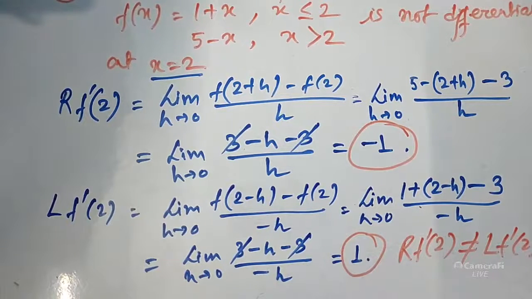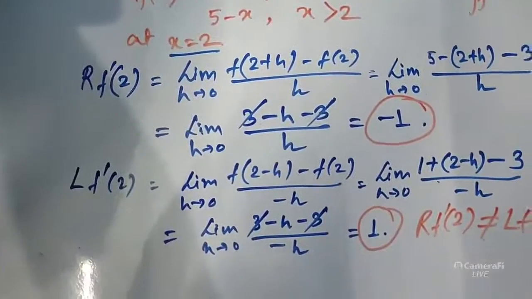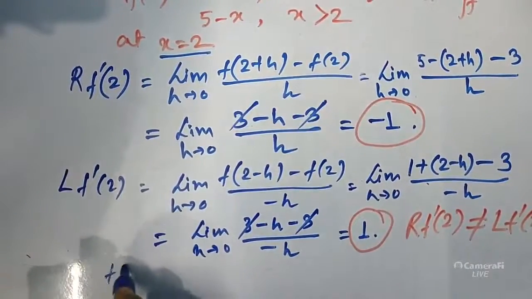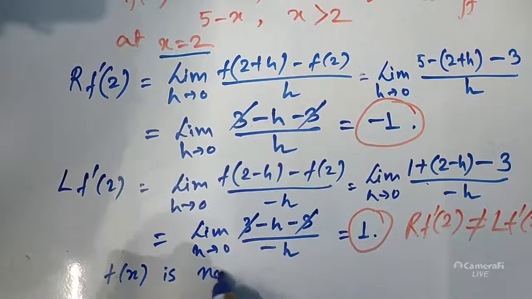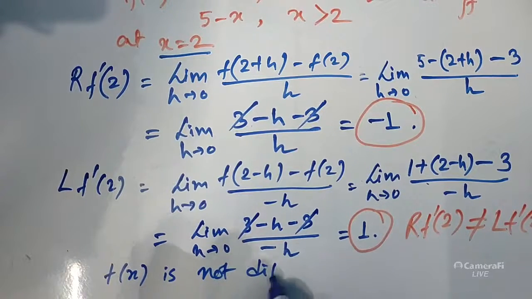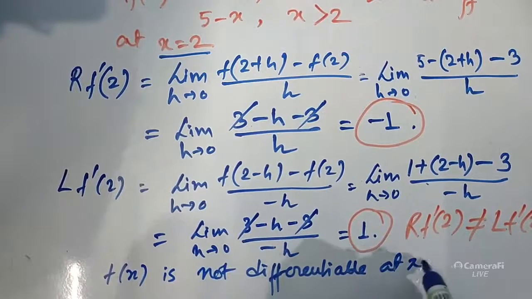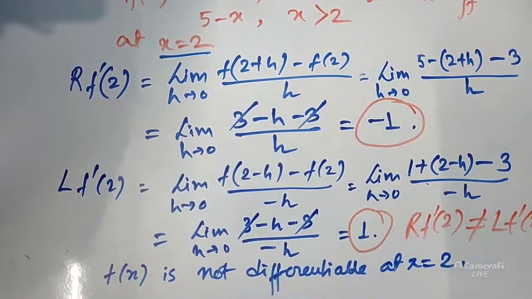Therefore we can say that f(x) is not differentiable at x equals 2. So in this way we can solve this type of question. Whenever two functional values are given, we have to solve in this way.